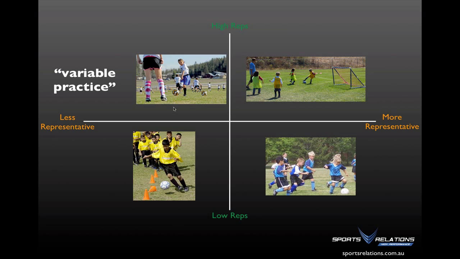So rather than stationary back and forward practice where the length of the pass and type of the pass is exactly the same, perhaps by just having the pair of players moving randomly around a field or an area, or introducing 3 players that can move into any way and any position to receive the ball, creates different lengths and types of passes. So that's variable practice. So perhaps that has a bit more value than just constant practice.